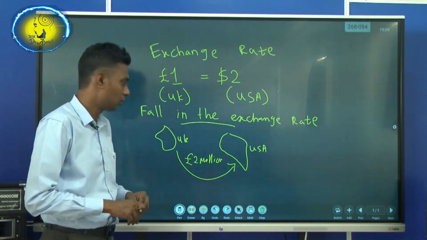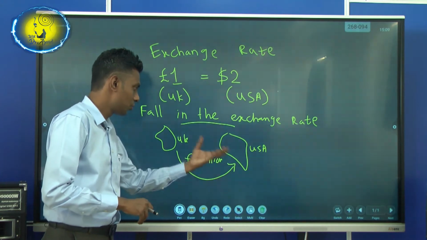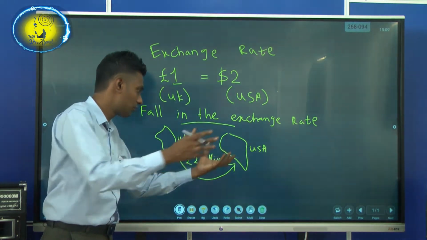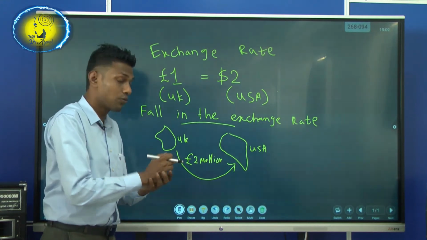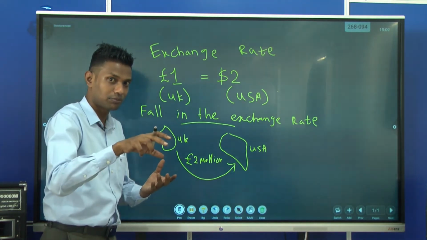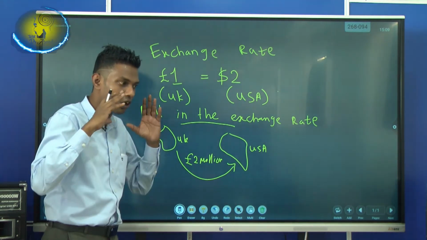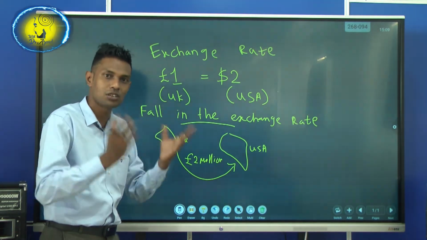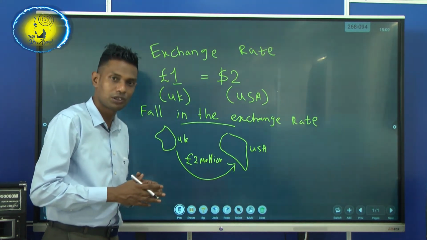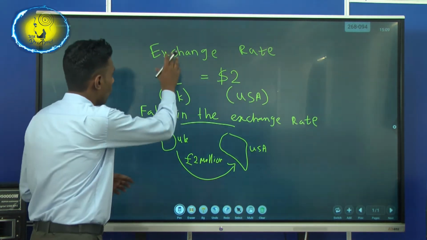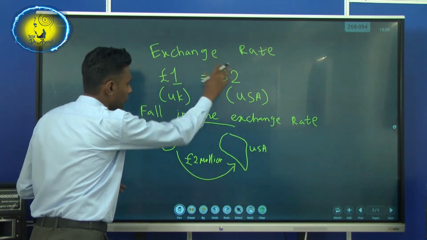So to buy 2 million pounds worth of goods from the United Kingdom, America has to convert their currency. They have to calculate how many dollars they need to buy these particular goods. Simple. 1 pound is equal to $2.